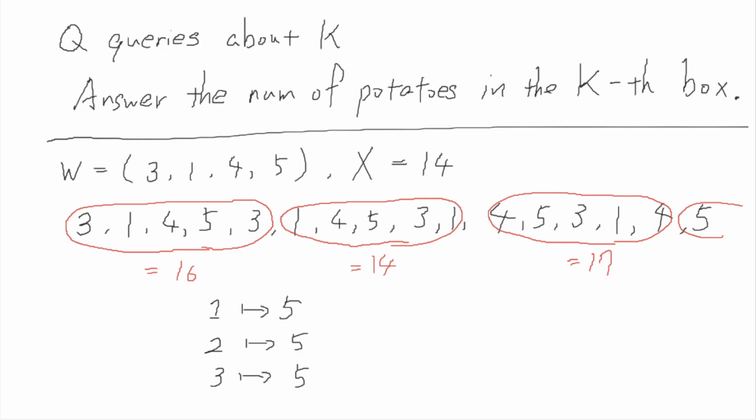Then first we put potatoes in the first box here. We begin with 3 and then we end with 3, because if we add this 3, the box weight exceeds 14 for the first time.